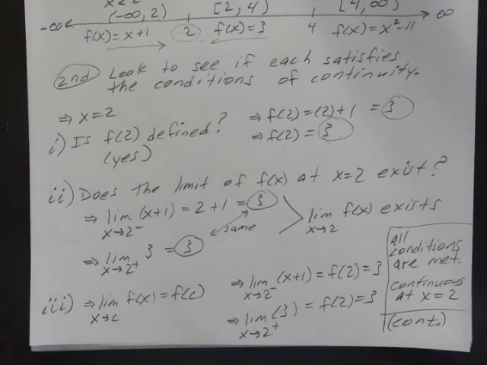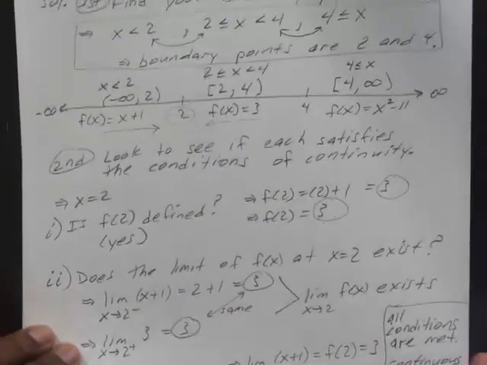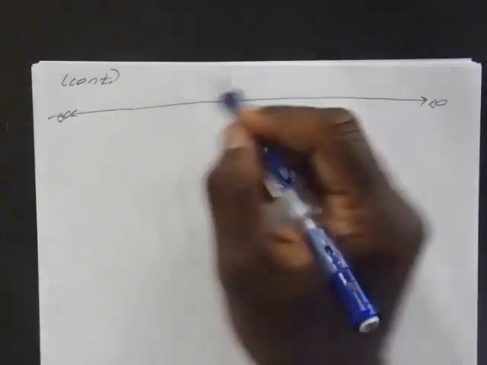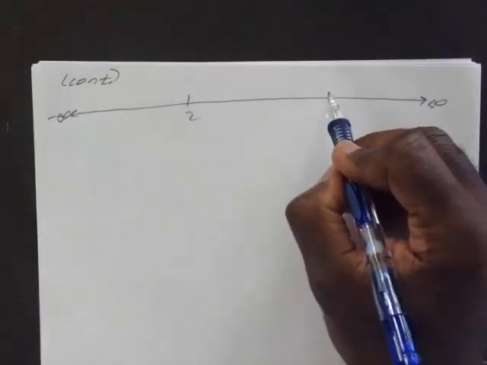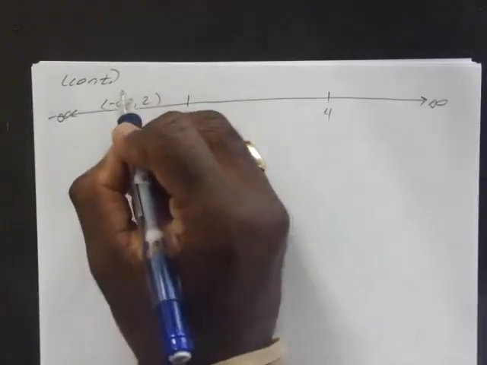Okay, so we do the exact same thing for our other boundary point, which is 4. And I'm just going to redraw this on the next page so we're not flipping back and forth. Negative infinity, 2, 4. And you don't have to redraw it if you don't like to.